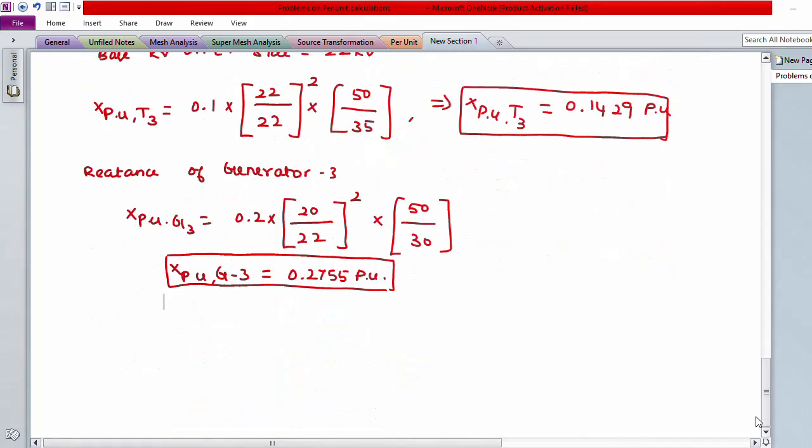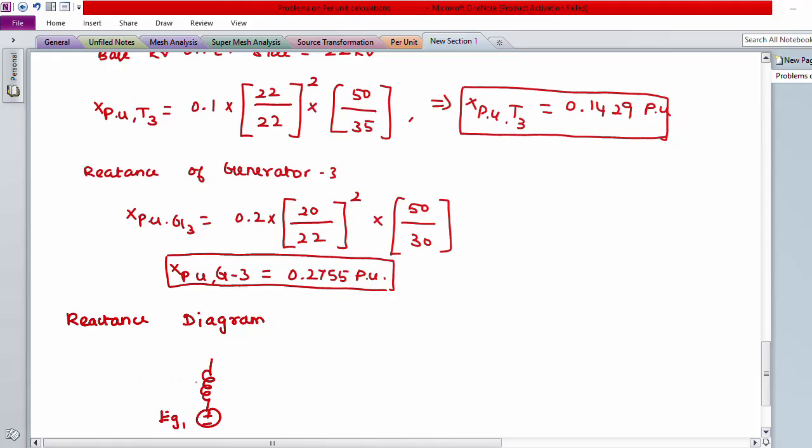Now at last we have to draw the reactance diagram for all the reactance values based on the reactances which we got. How can we draw the reactance diagram? By taking the single line diagram as a reference. For the generator, we have to represent each component with the per phase equivalent circuit. The reactance should be connected in series with the generator EMF, EG1.